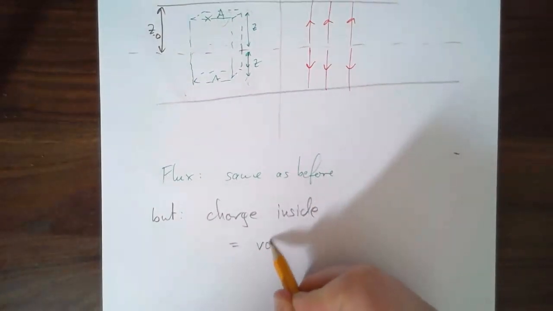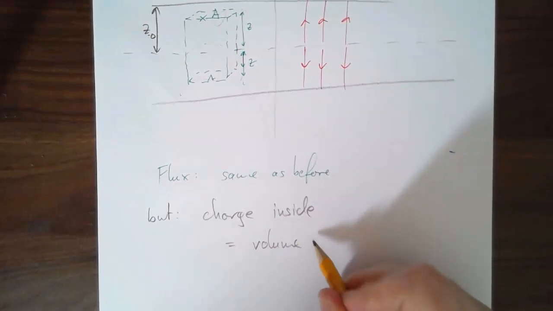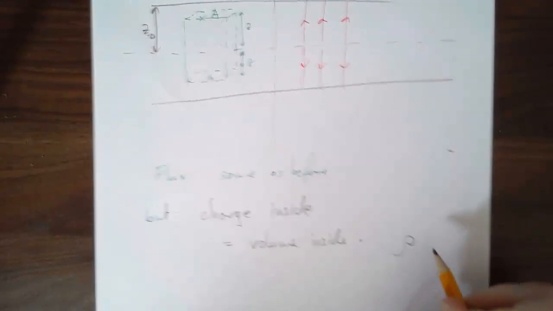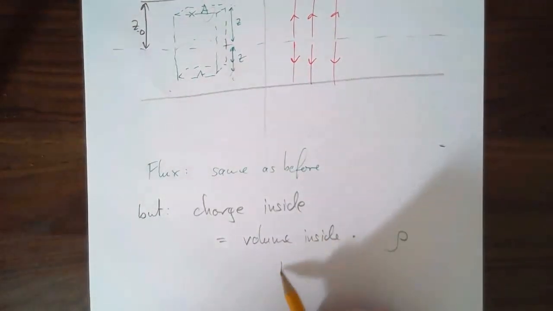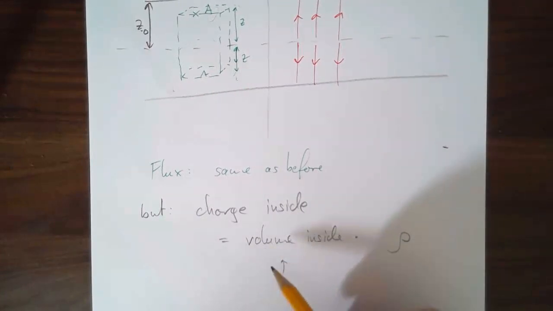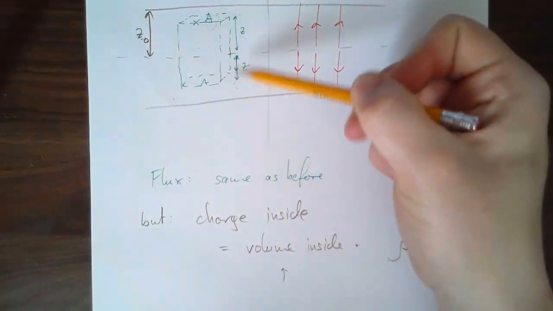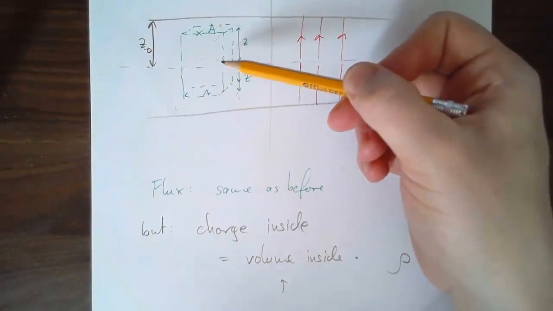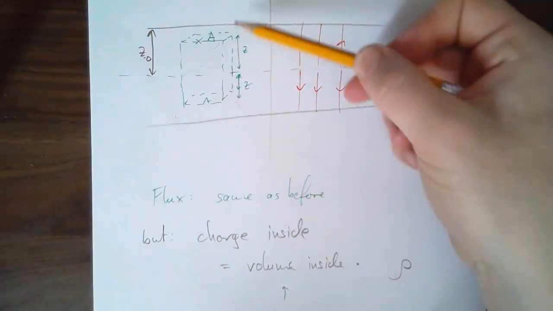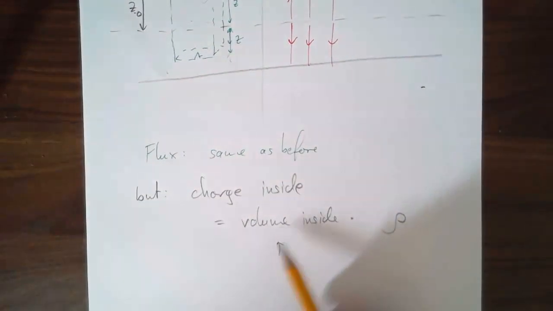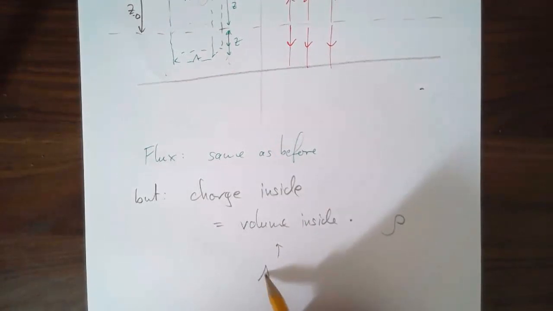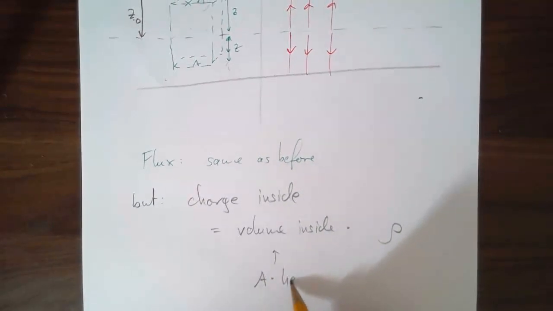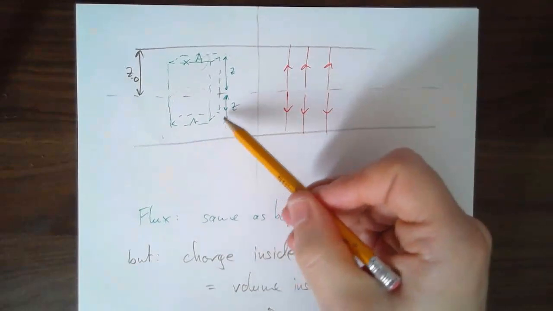So it's again the volume inside times rho, the charge per volume, but the volume is now just the volume of the inside of the Gaussian surface, not the volume of the whole slab cookie. The volume here is going to be just the base area, or top area, times the height given in terms of z.